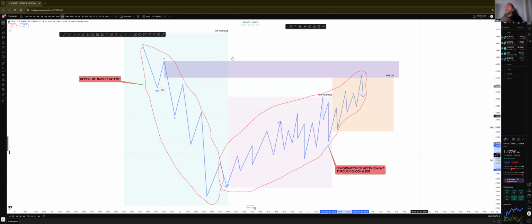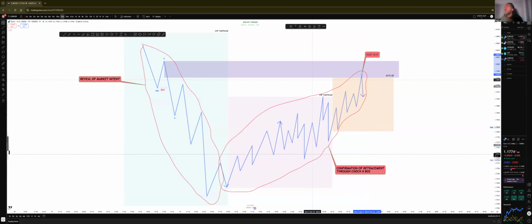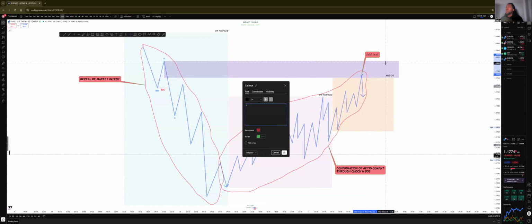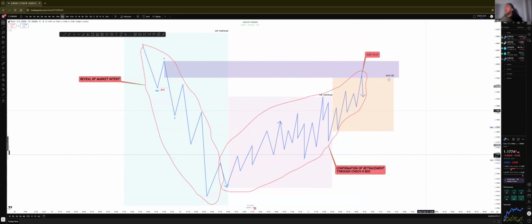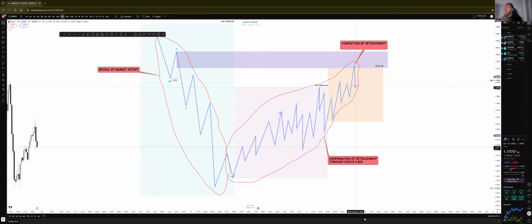And we also know once price reached here, this is the completion of retracement. And the fourth step is repeat. Okay, repeat what? Repeat the pro trend, which will be price going to create a new leg to the downside. That's what we're anticipating, okay?